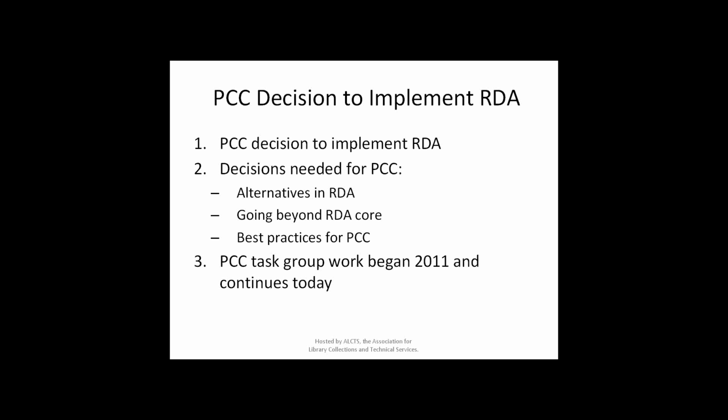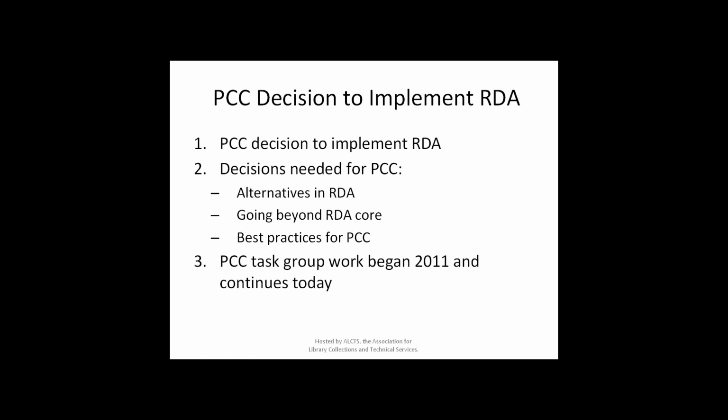That decision was made in 2011, and it became recognized that there were many, many decisions that PCC needed to make, both in terms of planning for the authority implementation date and also in terms of descriptive cataloging. Because in RDA there are certainly alternatives that can be used.